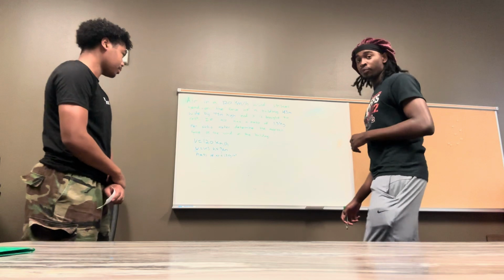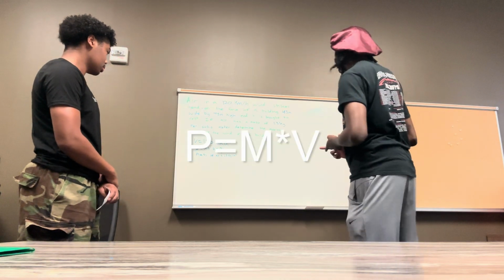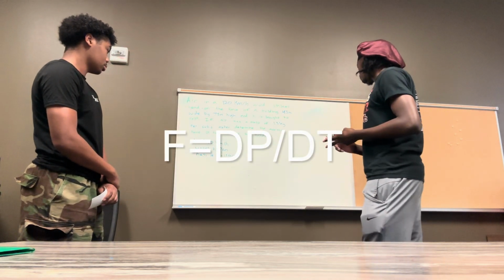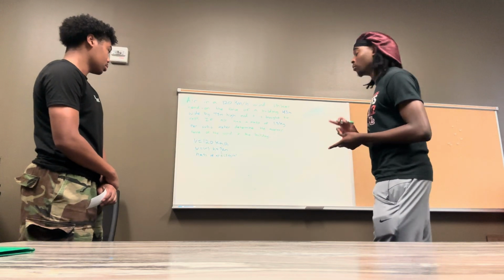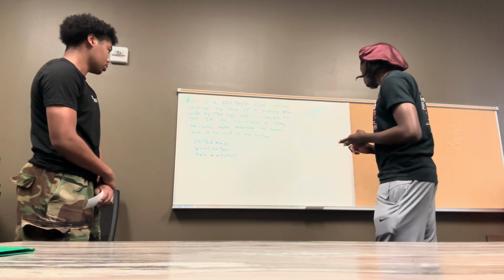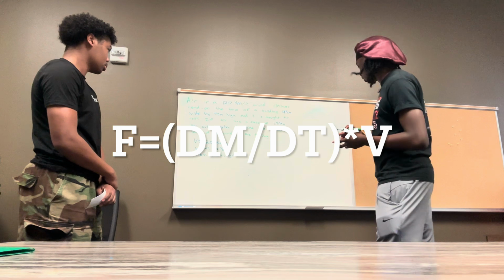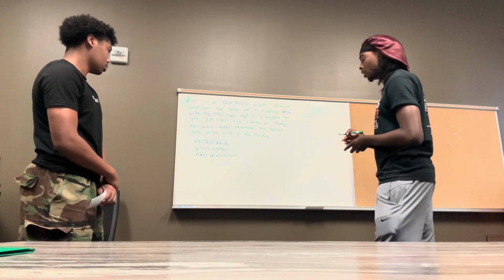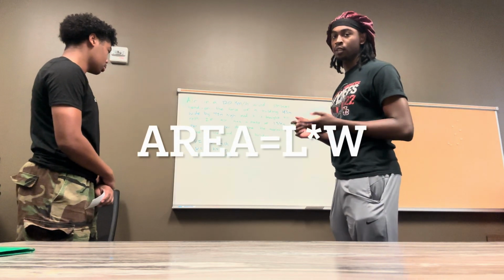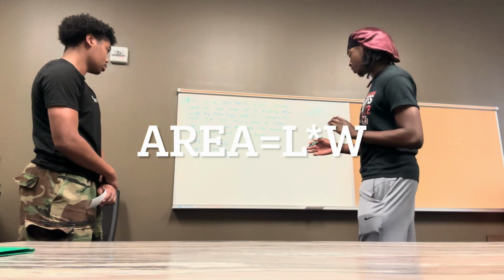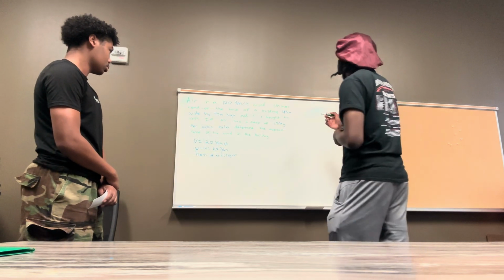So the formulas that we'll be using are the momentum formula and the force formula, which is change of momentum over change in time, which can be derived to the change in mass over the change in time, times velocity. And then we use the area formula, which is length times width. So I'll write it down.